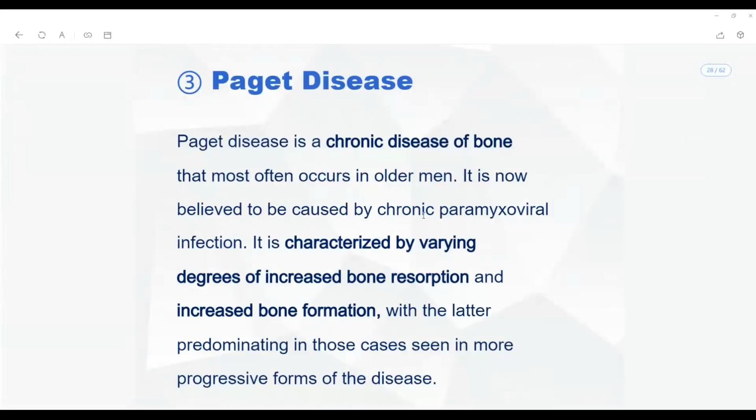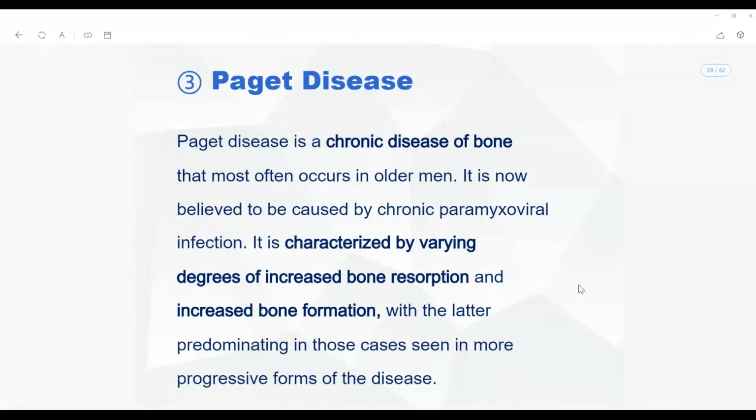Paget's disease is a chronic disease of the bone, which occurs in older men. It is also believed to be caused by a chronic paramyxovirus infection. Technically, it is believed to be caused by the paramyxovirus, right?